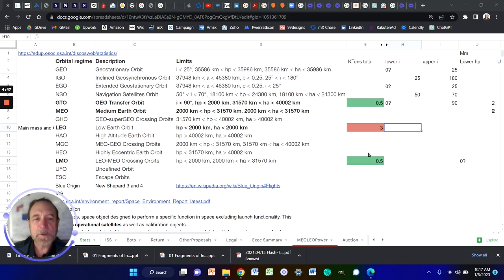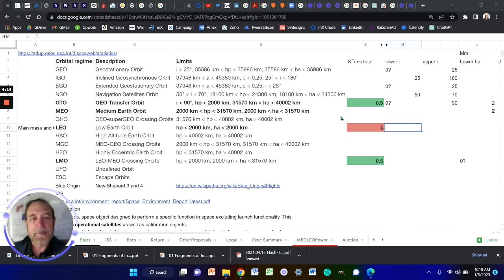An initial question is how much is where, and that makes a big difference. These higher orbits, like geostationary, are very far from the Earth, versus low Earth orbit, which is the closest. This column is the mass, and the upper and lower inclination is an angle.